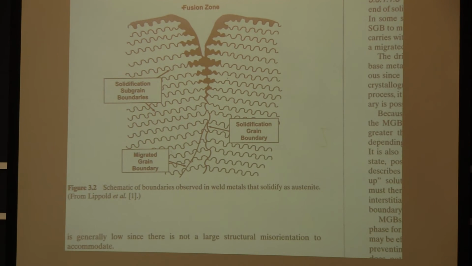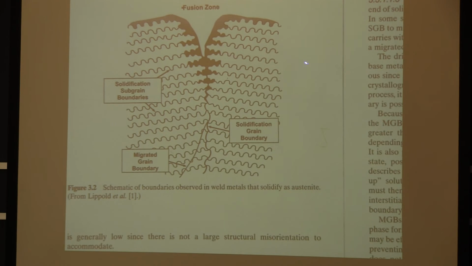So what you've got here is two solid regions that are coming together as the material solidifies. And so what you end up with is, remember I talked about the low melting phases that partition along and are pushed along ahead of the solidification front. You've got that, which will be the last to solidify.